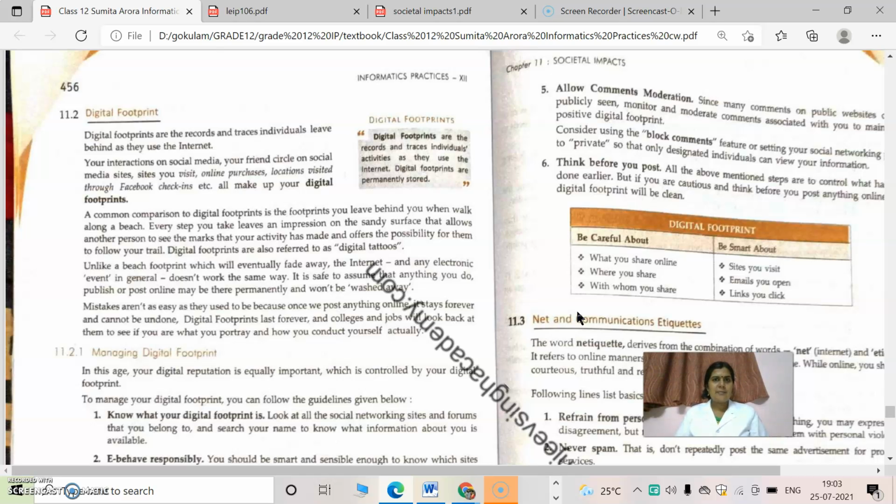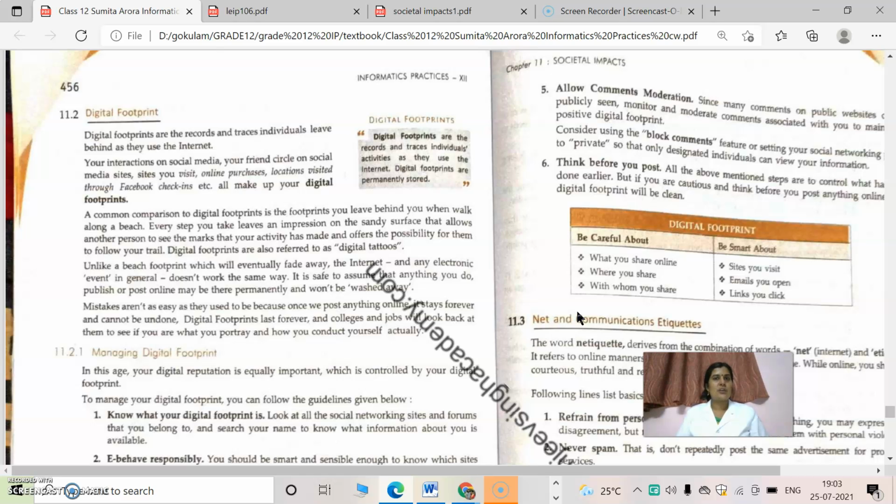Digital means that in computers we use digital representation, not analog; zeros and ones are used. In digital footprints, when we are visiting some site, you can see some cookies are enabled, or some data is stored in our Google Chrome or Google ID.